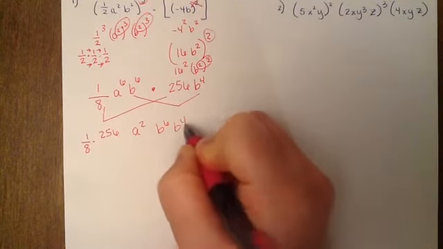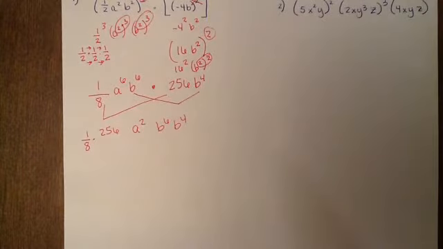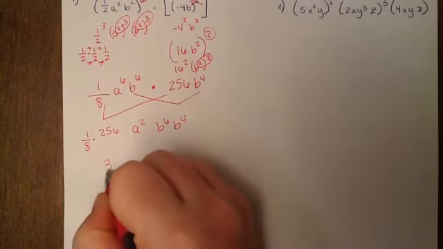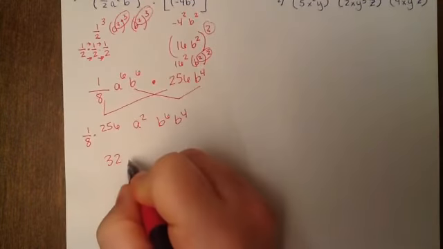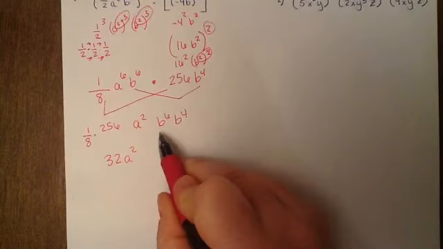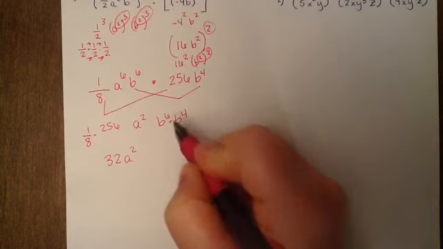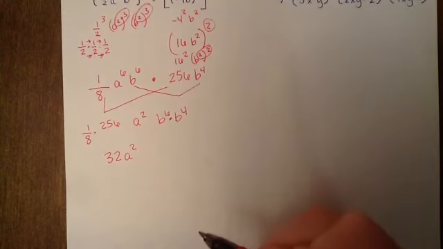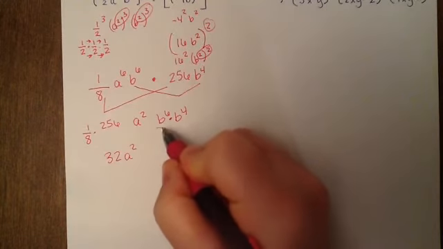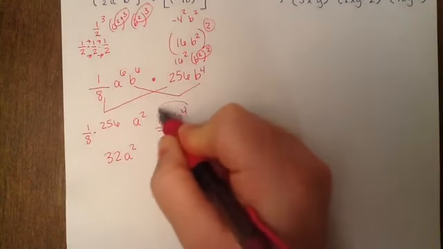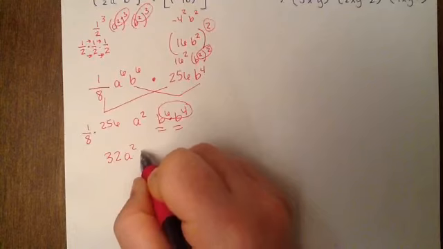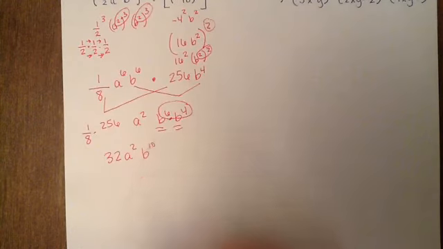Remember, multiplying can happen in any order. 1/8 times 256 is 32. A squared. And if I have b to the 6th times b to the 4th, the same base, so what do I do with those exponents? Add them. B to the 10th.